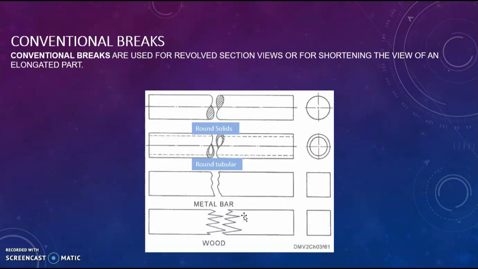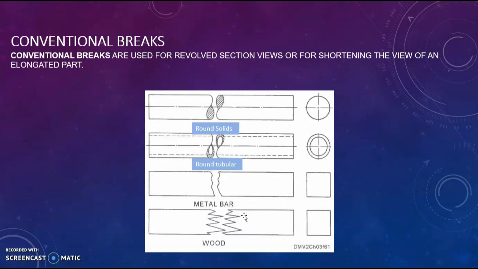You have to make the reader or the person viewing your drawing understand whatever you are doing. We all know that as engineers, communication is done through our technical drawings. For this reason, your drawing has to give a clear understanding of what it is representing. For this reason, we have conventional breaks.